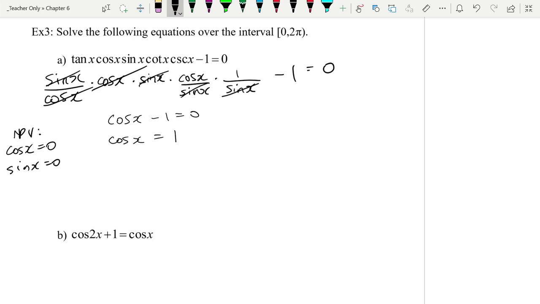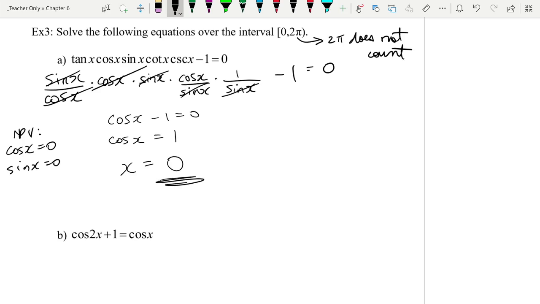And x would equal then between 0 and 2 pi. Well, cosine of x is 1 at 0 and 2 pi. So normally I'd say my answer is 0 and 2 pi, but 2 pi does not count. So the only answer here is cosine of x is 1 when x is 0.